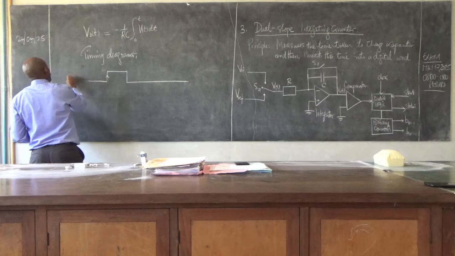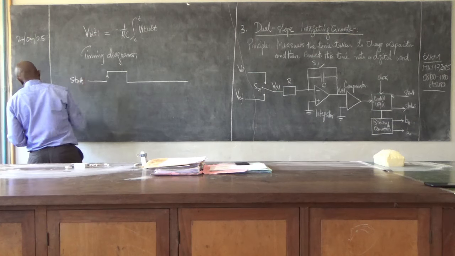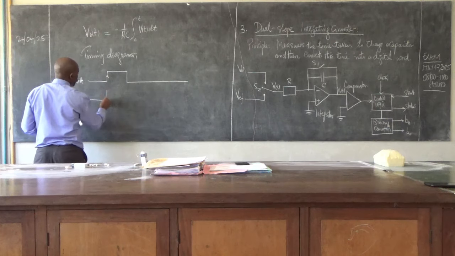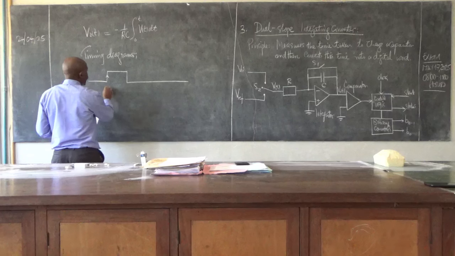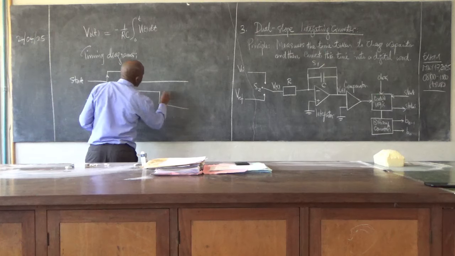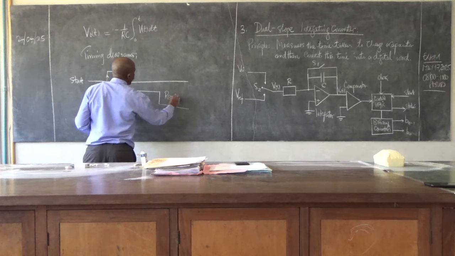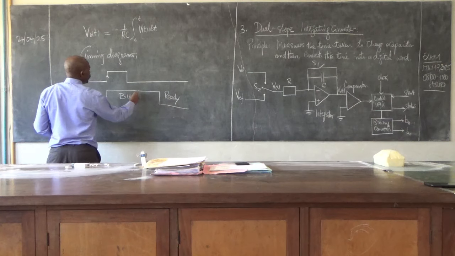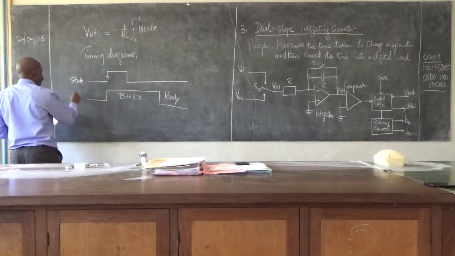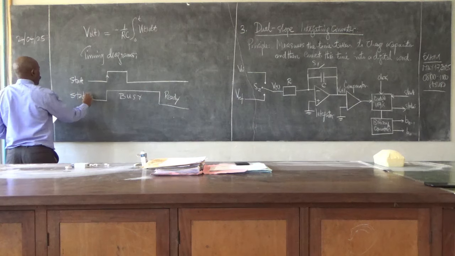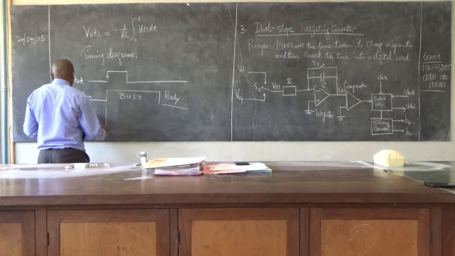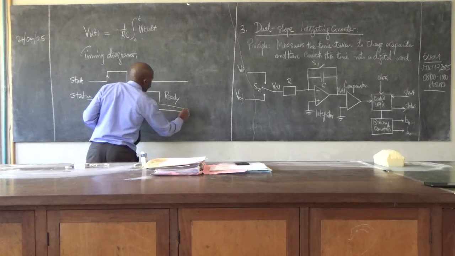So this is a start, and then the status will be that it will be busy for some time until it is ready, and during all that time it will be busy. After that will be the status, and then we can draw the voltage versus the time.